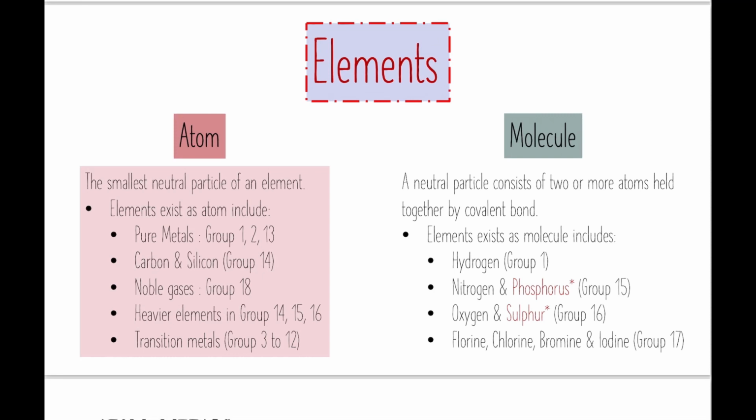And the elements that exist as molecules are hydrogen from group 1, nitrogen and phosphorus from group 15, oxygen and sulphur from group 16, and all the elements in group 17, which are halogens.